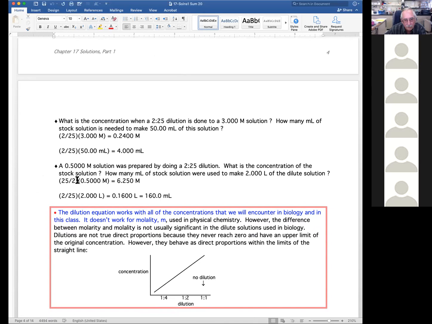The 25 to 2 gives me bigger numbers, so that's the stock concentration. See how that works? So that dilution factor represents 2 variables, here's the 3rd one, and that's the 4th one you're solving for.